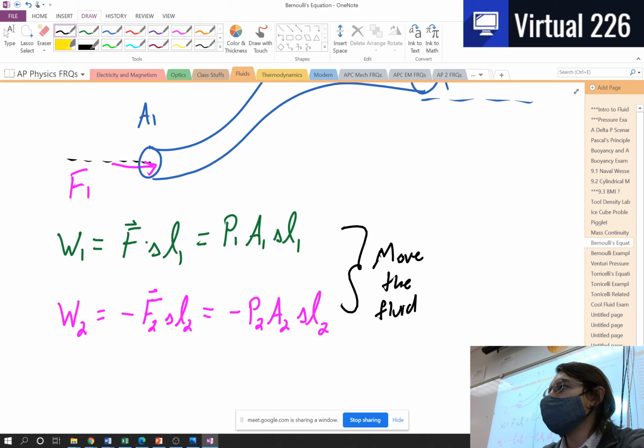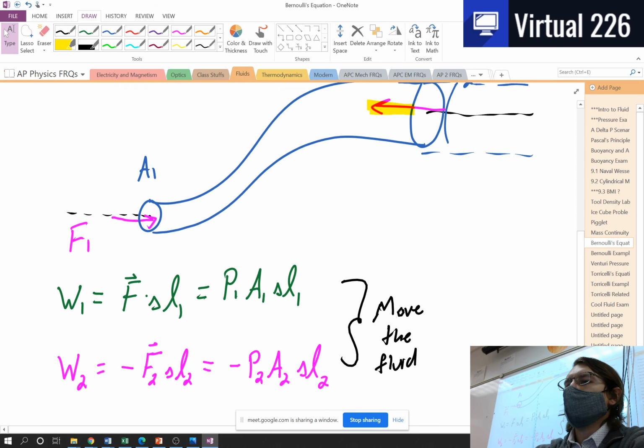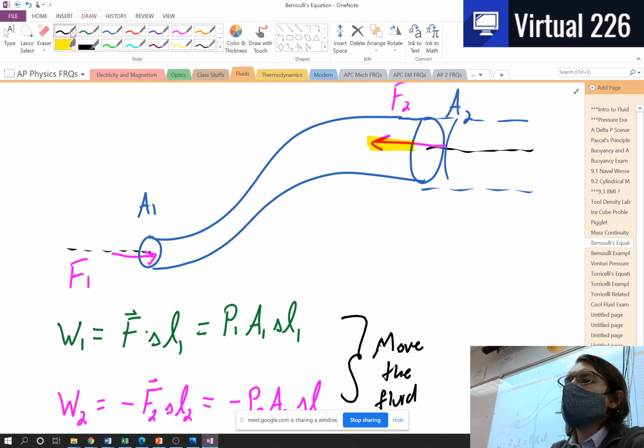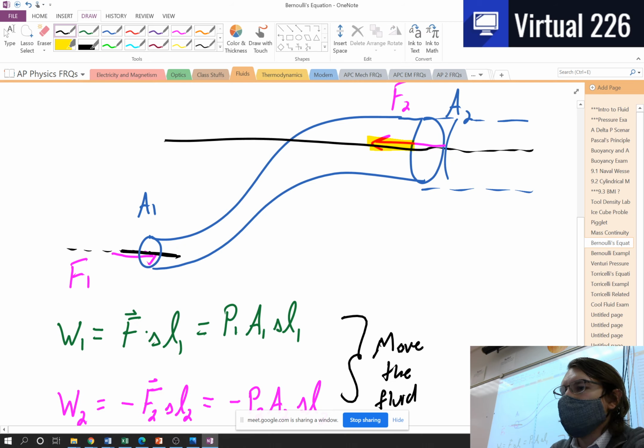There are other works that we still must do. We need to move the fluid from some initial height to some final height, which means we need to do more work. We need to do work against gravity.